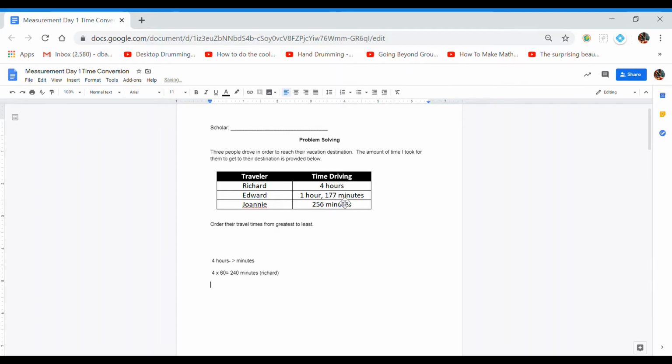On the other hand, Edward had 1 hour and 177 minutes. So in this case, I don't need to change the 177 minutes because it's already in the right unit. But I do need to change the hour. So I take 1 hour, 1 times 60 is 60. You may not have written that work out, that's pretty easy to see.